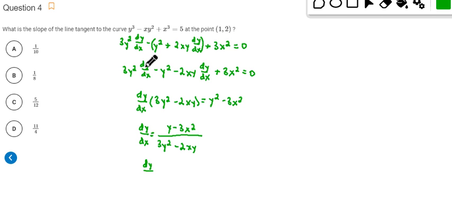So dy dx at our point (1, 2) is going to equal y squared, that is 2 squared, minus 3 times 1 squared, divided by 3 times 2 squared minus 2 times 1 times 2.